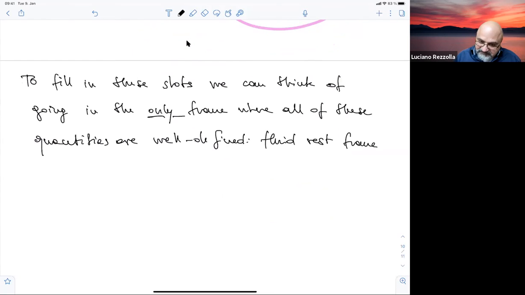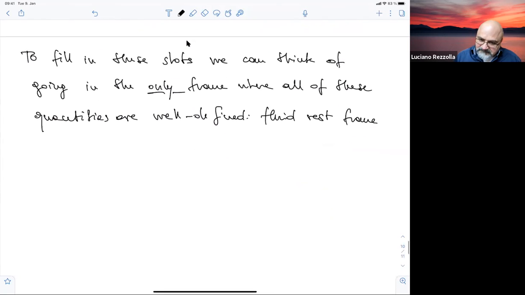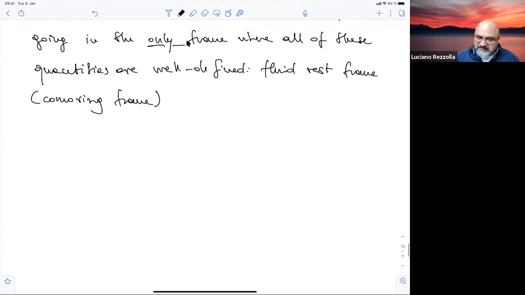This is also sometimes referred to as the co-moving frame. Okay, so in the co-moving frame, we can hope of making some sense out of this.